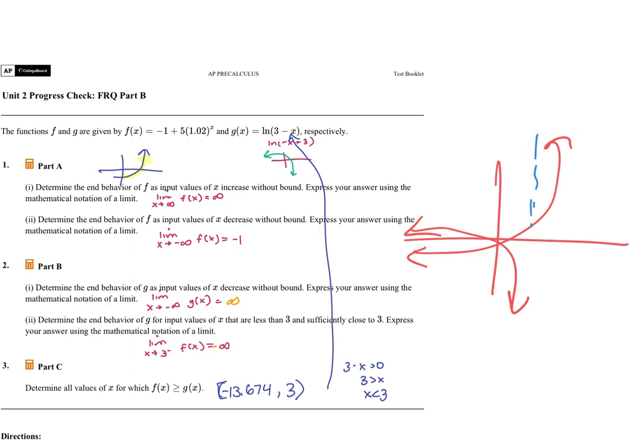That's why your range stops. This is at 3. I didn't draw it accurately, but from the point where they crossed, which was technically negative 13, to 3, is where your exponential function is above your log function. You have to cut it off at 3 because that's where your vertical asymptote is.